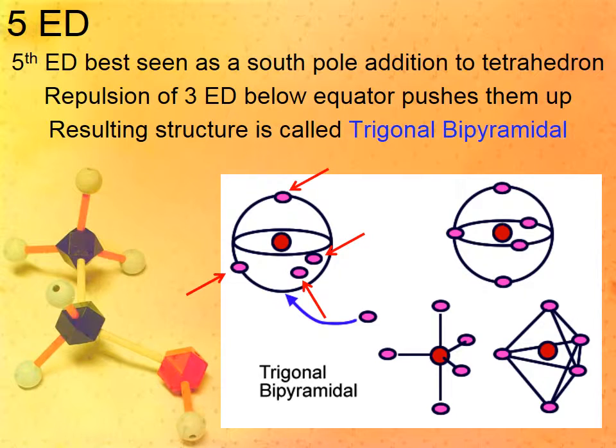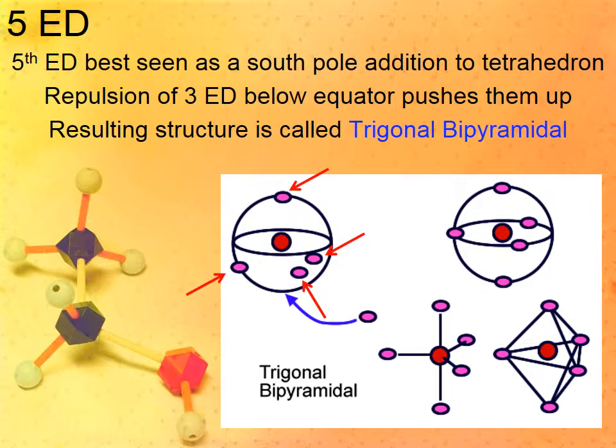In order to understand how a 5 electron domain structure is put together, it's best if you see the 5th domain as being added at the south pole of a tetrahedron. So the tetrahedron being composed of course 4 other atoms, or let's say electron domains, on the surface of a sphere, with the red atom being at the center, being the central atom.